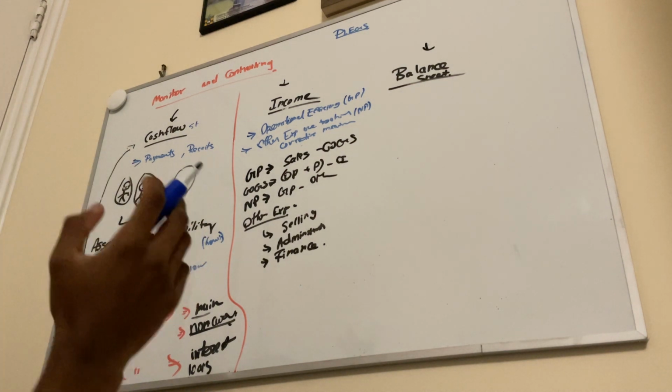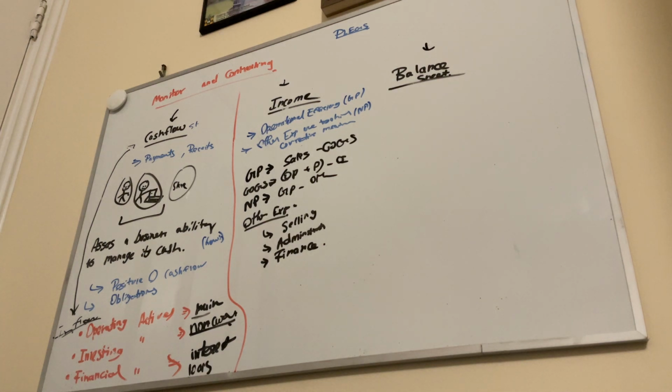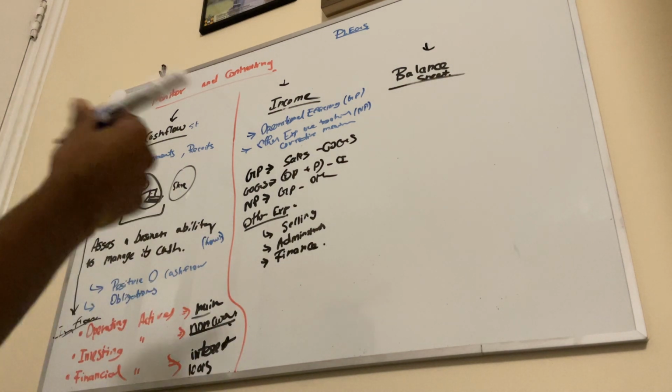And then administrative refers to the general running of the business. So these are stuff like stationery, rent, maybe machinery, telephones, all that. Just the general running of the business. And then finally, we have things called finance. Finance, as the name suggests, is interest payments.